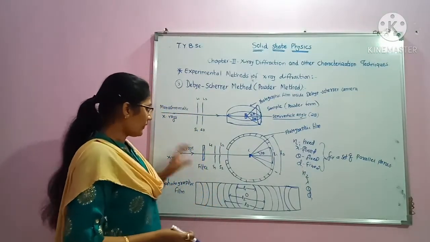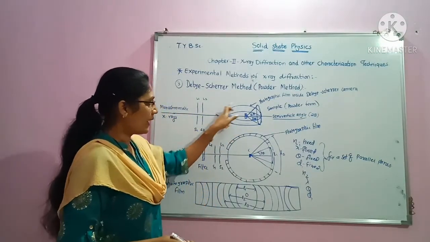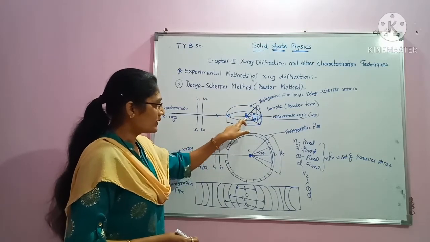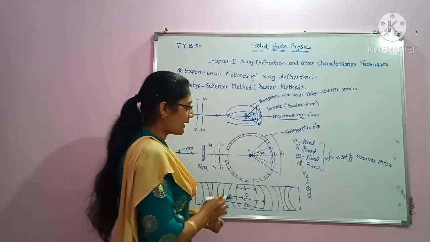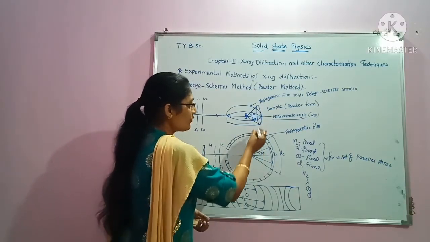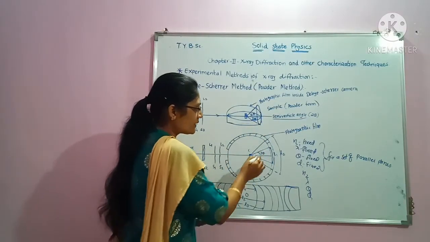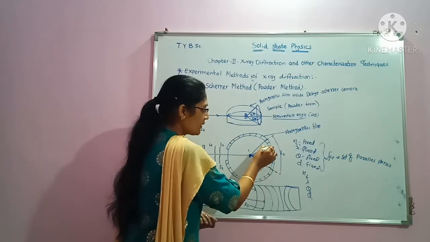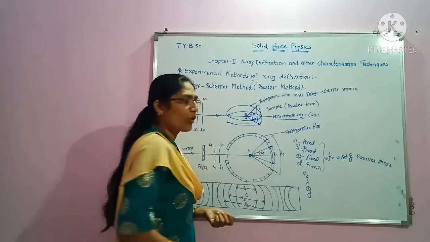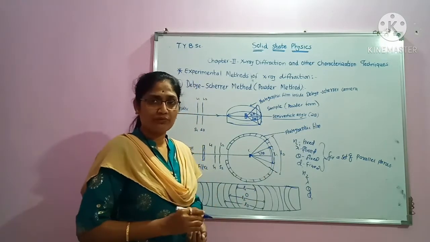Here again I have shown the same. This is the 2 theta value, and hence there is the formation of a cone, and this cone forms arcs when it comes in contact with the photographic film.